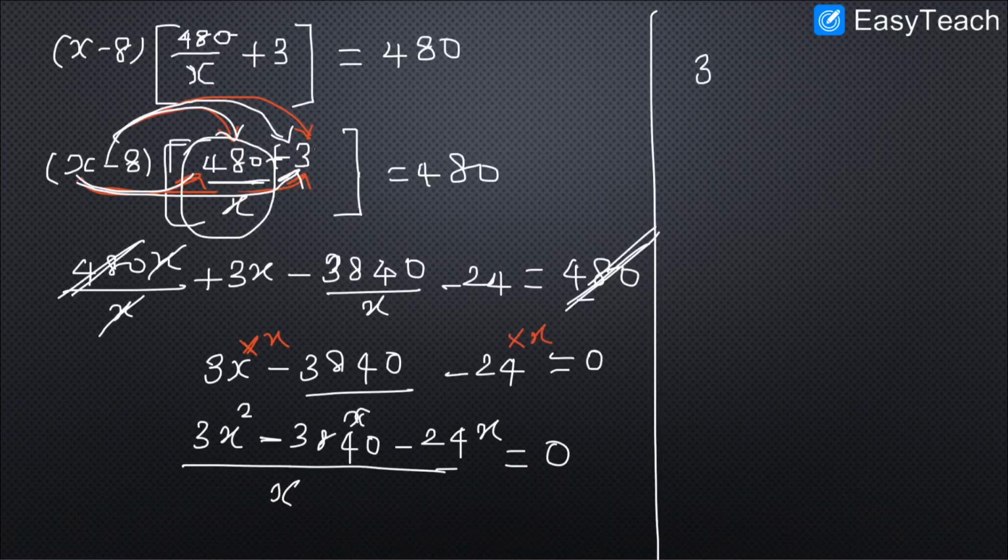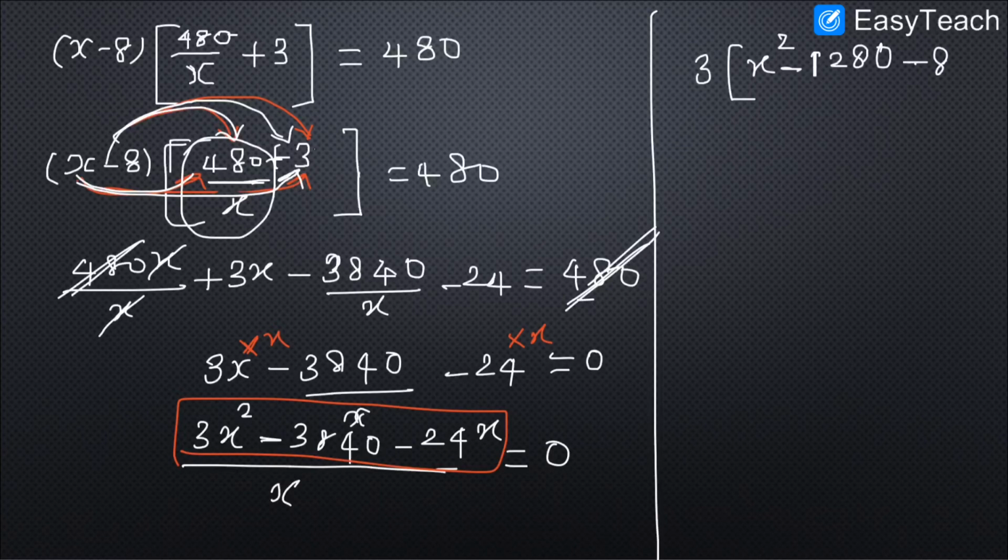I just multiply by x here and this term also. The next step, let's take 3 as a common number. So x square minus, if you take 3 out from this term, 3840 becomes 1280, since 3 ones are 3, 3 twos are 6, 3 eights are 24, 0.